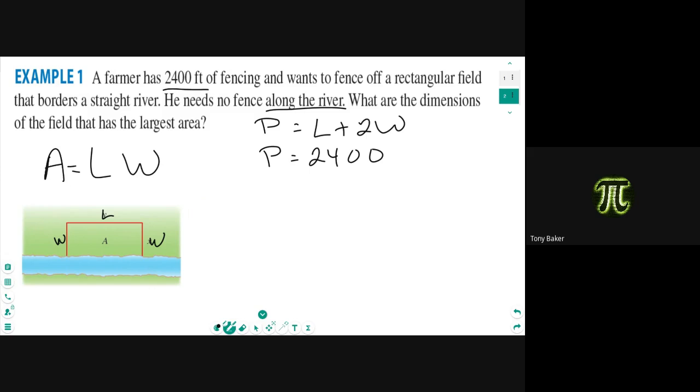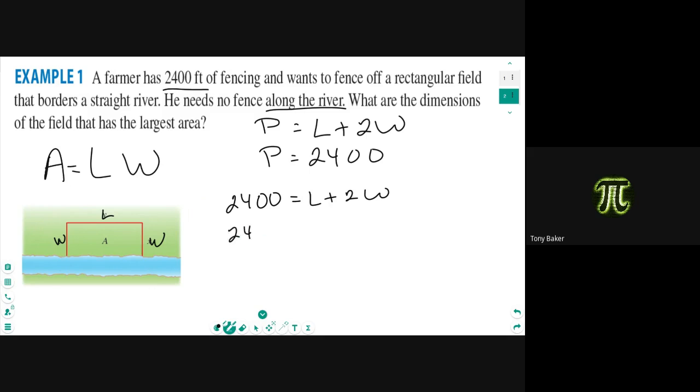Okay. So I need to somehow turn this into an algebra type problem or some kind of equation that I can do some calculus on. So we've got the perimeter. I know 2,400 equals L plus 2W. So why don't we solve this one for L? Because that's kind of the simplest one, right?